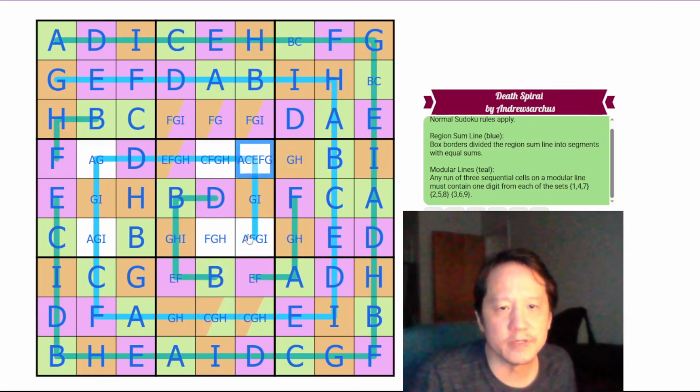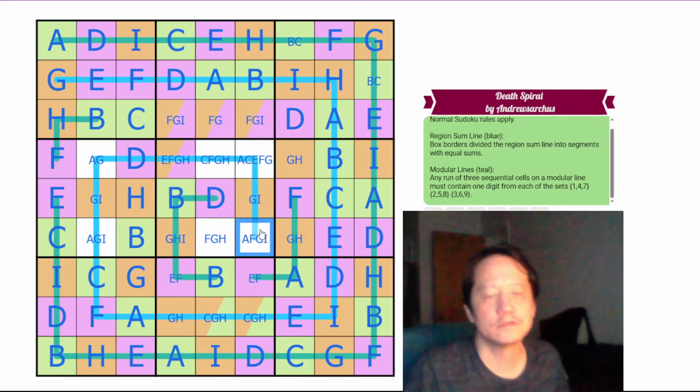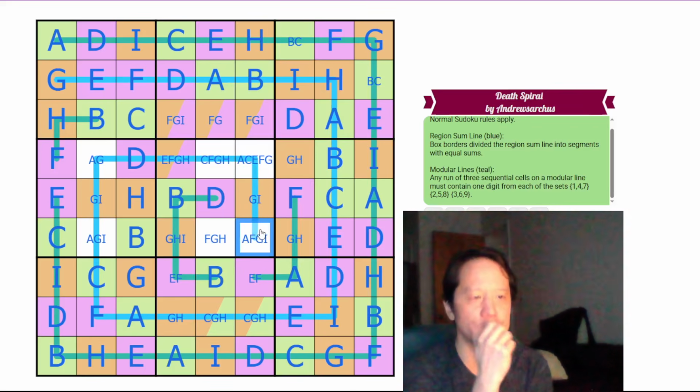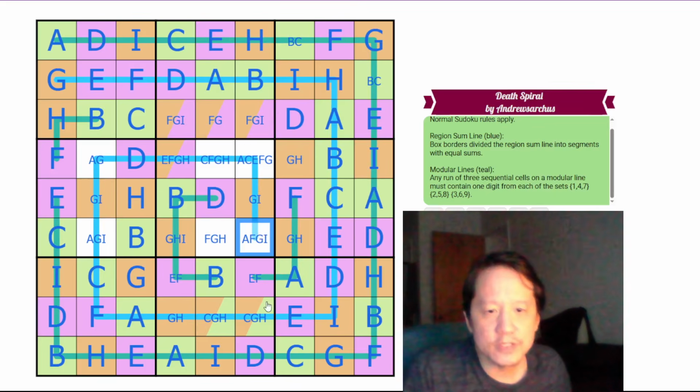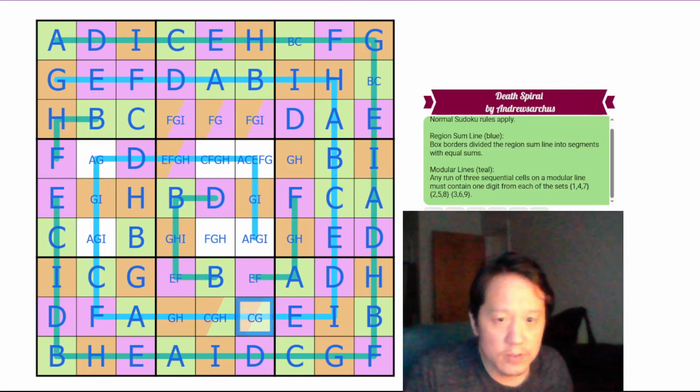A has to be one of these two digits. So A must be 1 through 6 in this scenario. H eliminates H here.